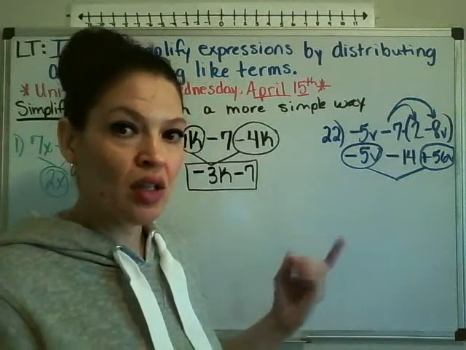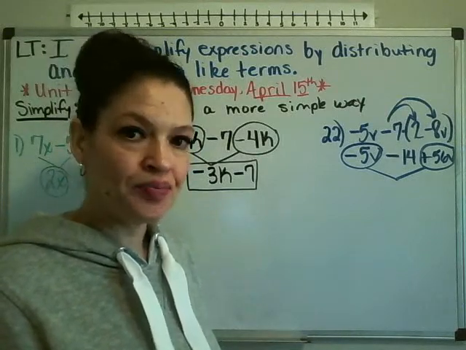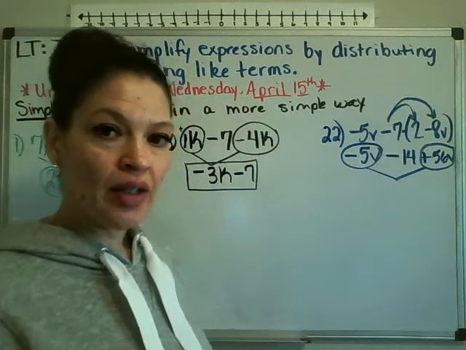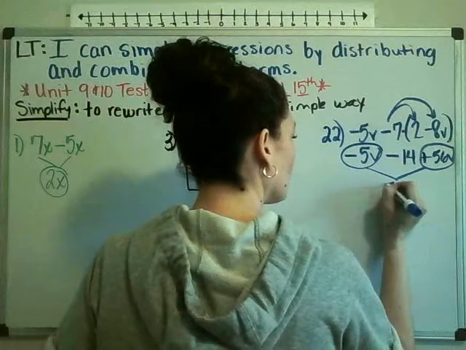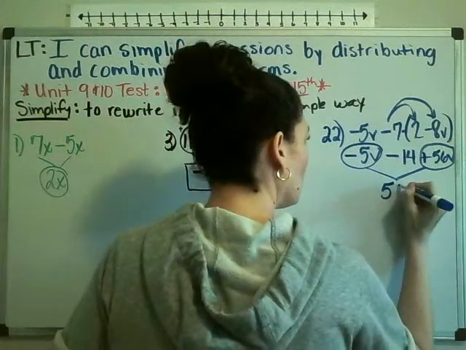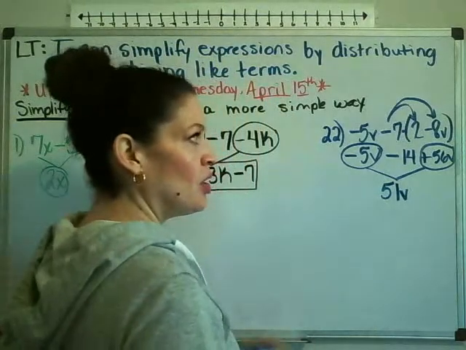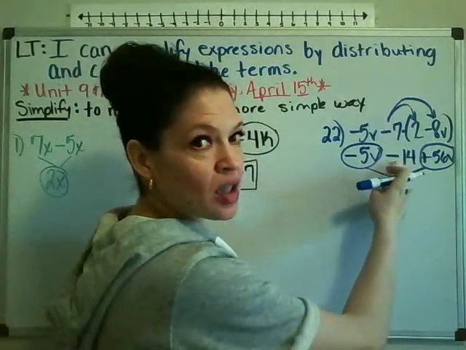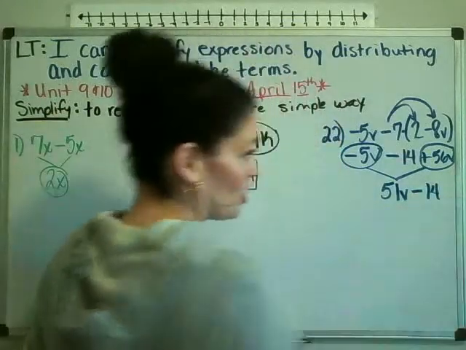All right, so what's negative 5 plus 56? Think, think, think. All right, that's going to be a positive 51v. What about that minus 14? Well, I can't group it with anything.